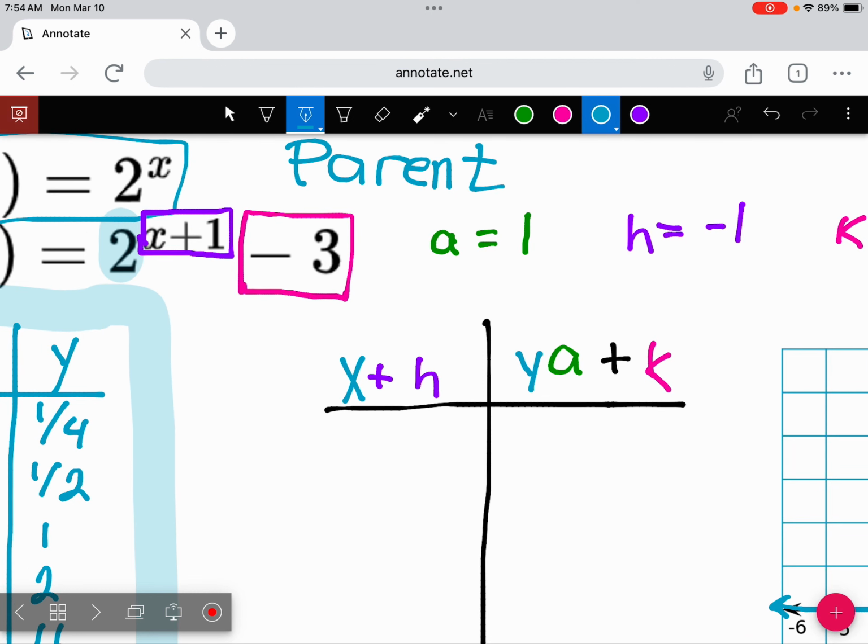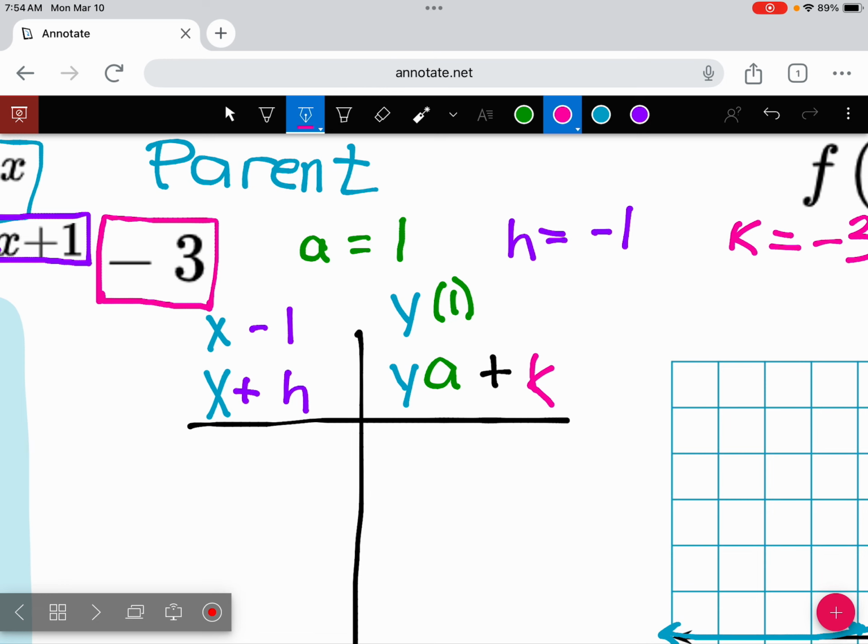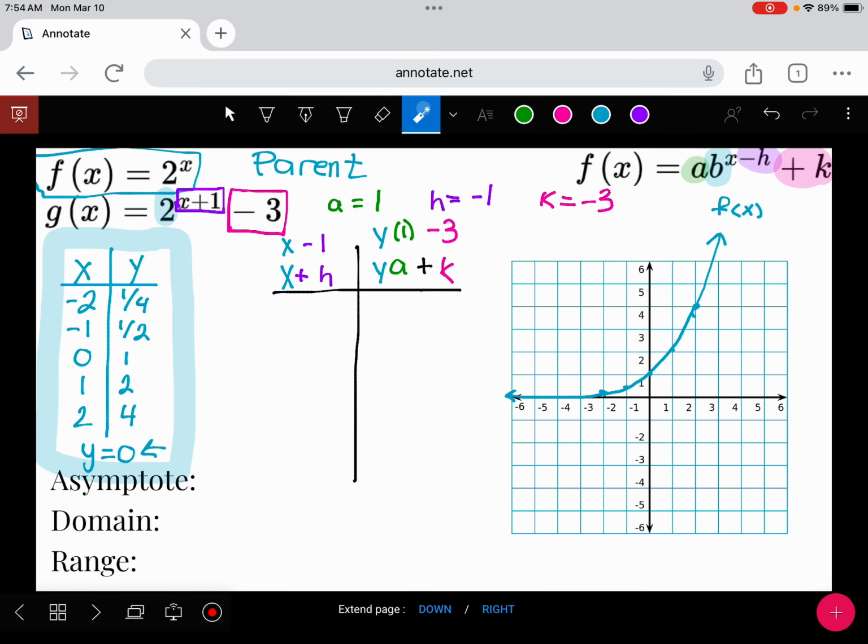So in particular on this one, we're going to take our x's from our parent function and we are going to add -1. So plus -1 means -1. We're going to take our y's from our parent function and we're going to go times 1, which doesn't really change much, and then -3. So anything that has a y gets times 1 and then -3.